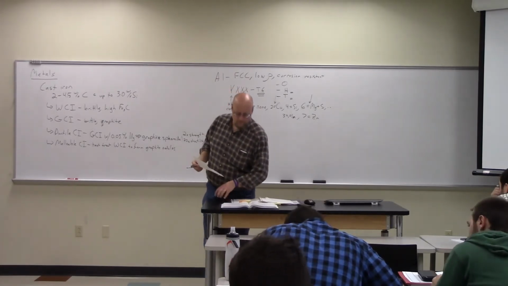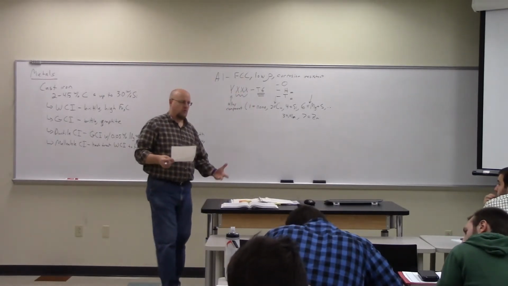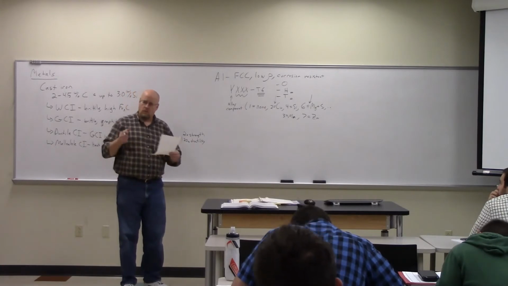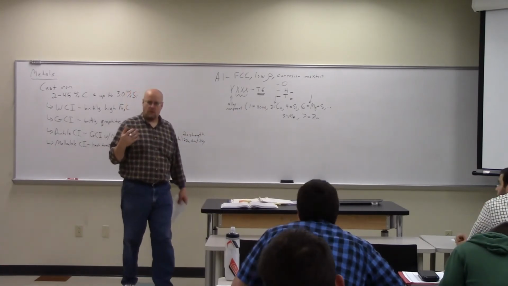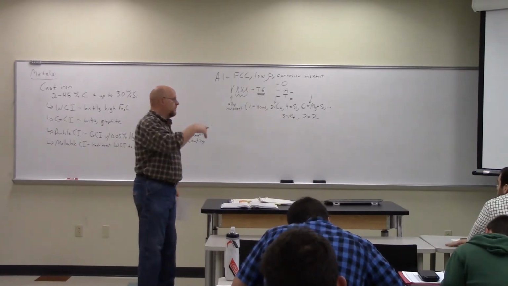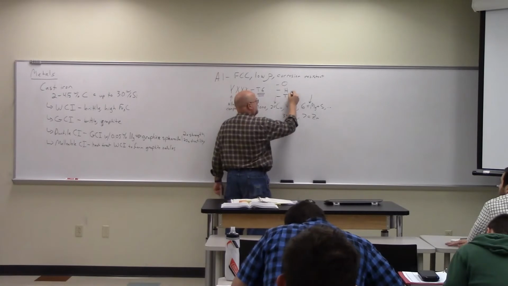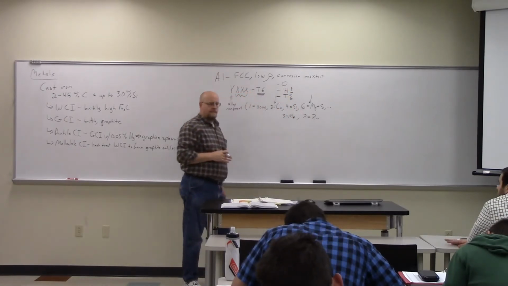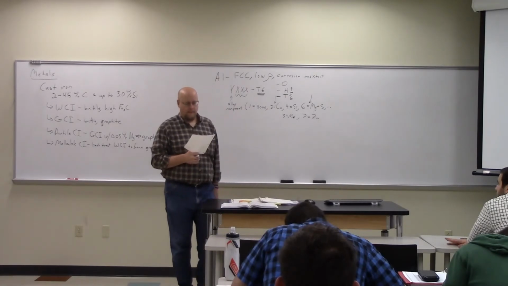H is strain hardened. In other words, it's been shot peened or stretched or beaten on or whatever to strain harden it. We talked about that before, moving further up the curve. And then T is the tempering, and there's some kind of number that goes with that, and you'll get it from the table. Okay?